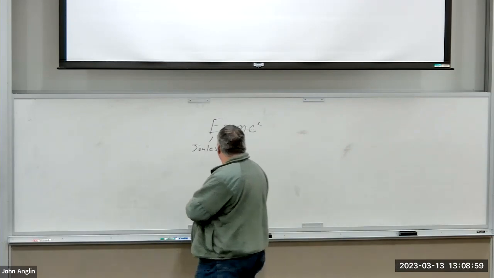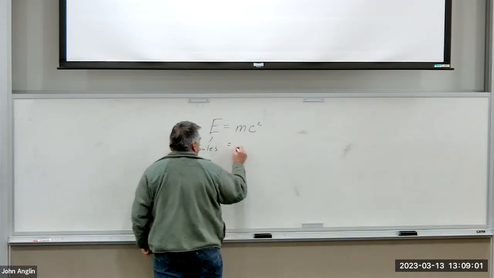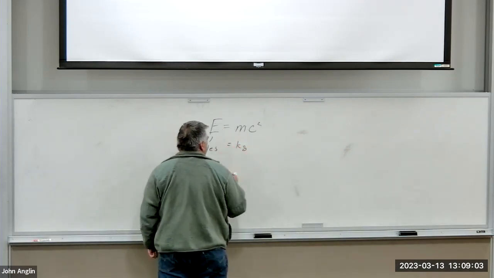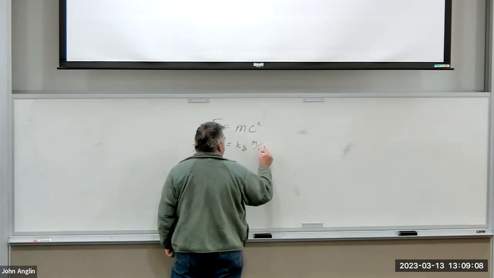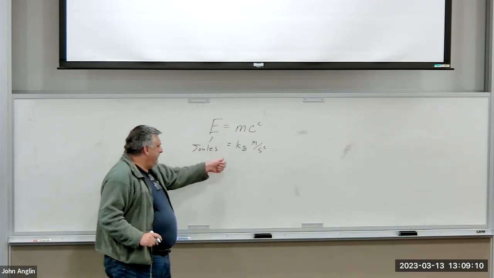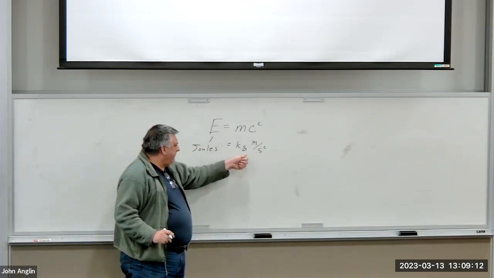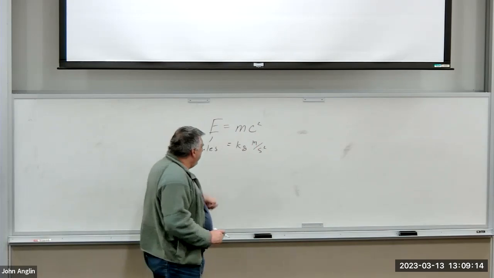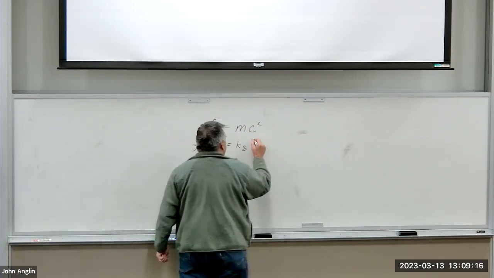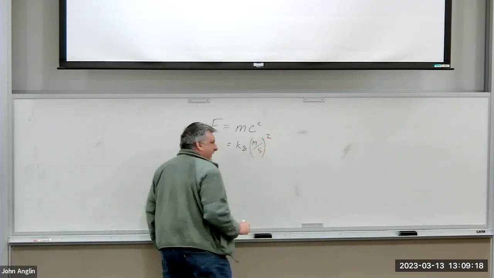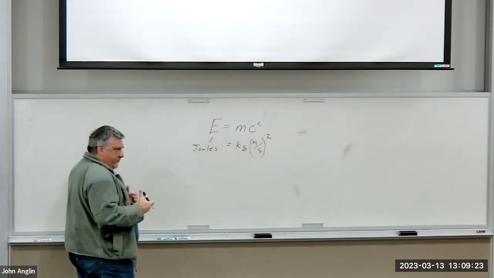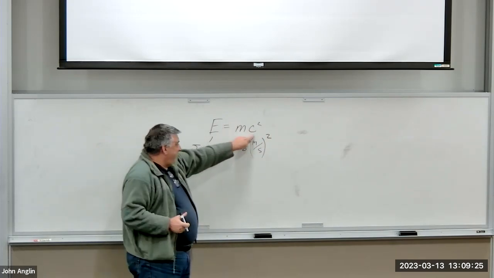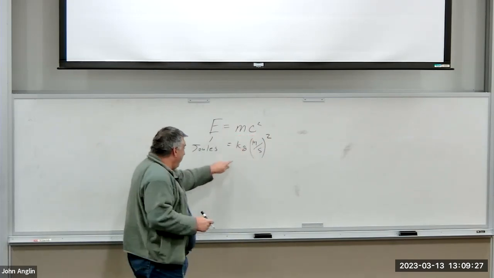So energy is in joules. If you care, since mass is in kilograms and the speed of light is in meters per second, the speed of light is not squared, it's the meter per second quantity squared. Important difference. Meter per second squared is acceleration, but this is a velocity, and it's squared.